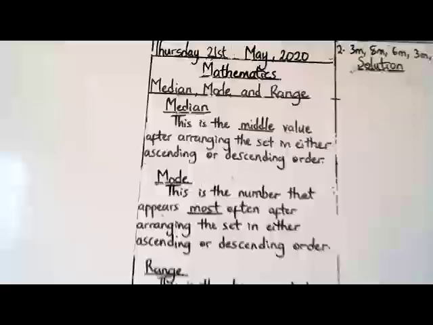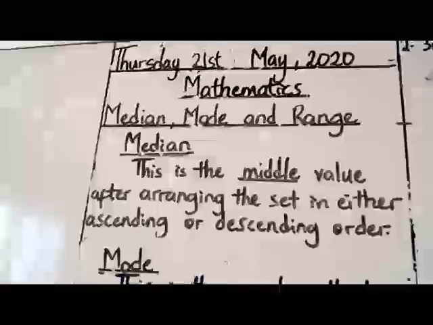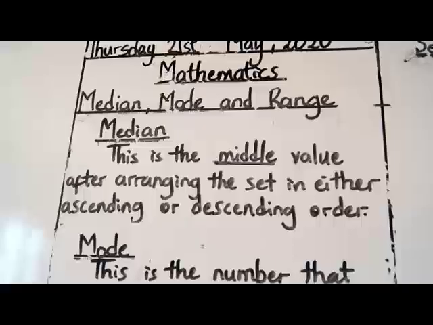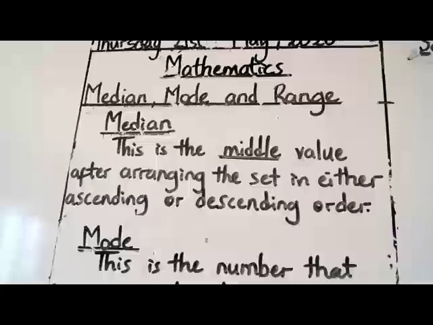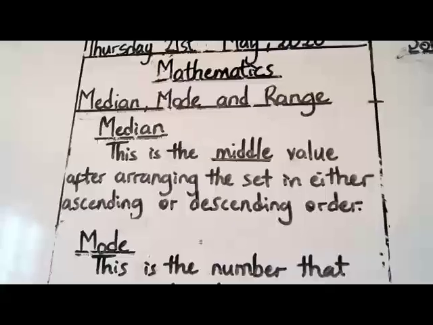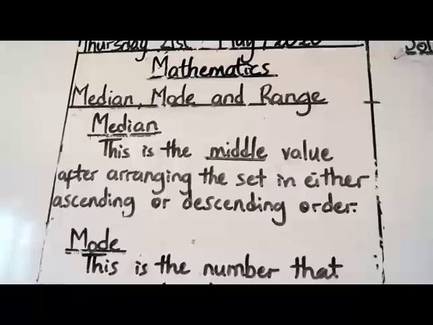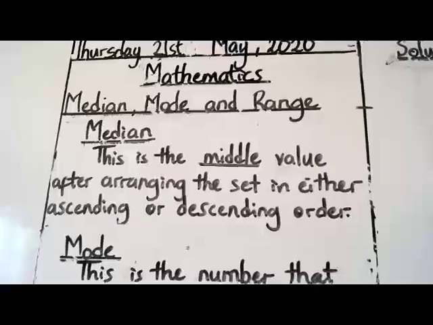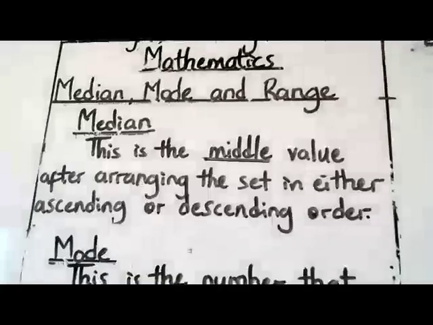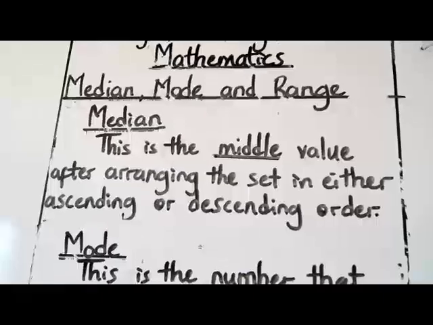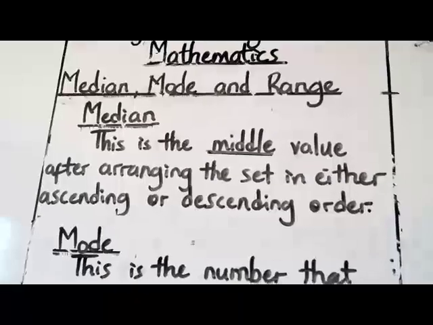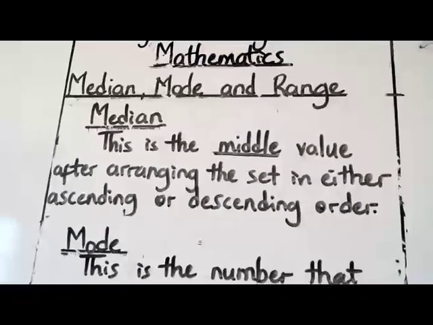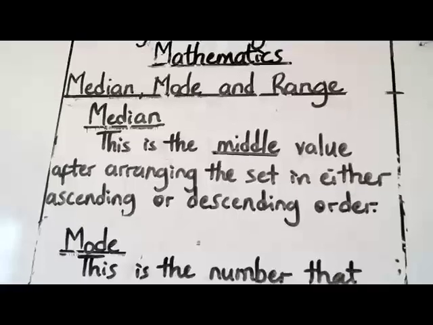First of all, let's take the median. What is the median, everybody? Let's read it together. Median is the middle value after arranging the set in either ascending or descending order.